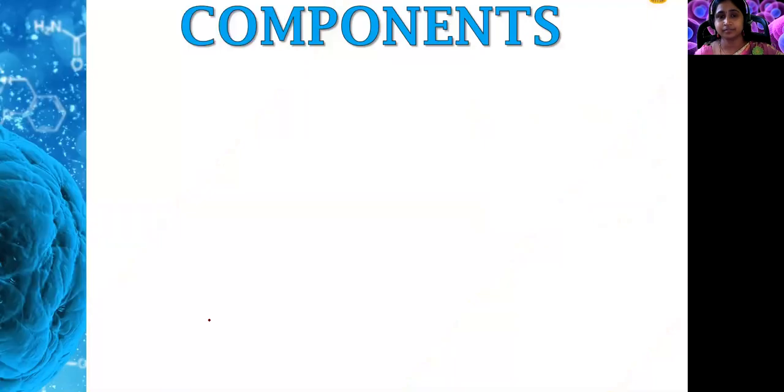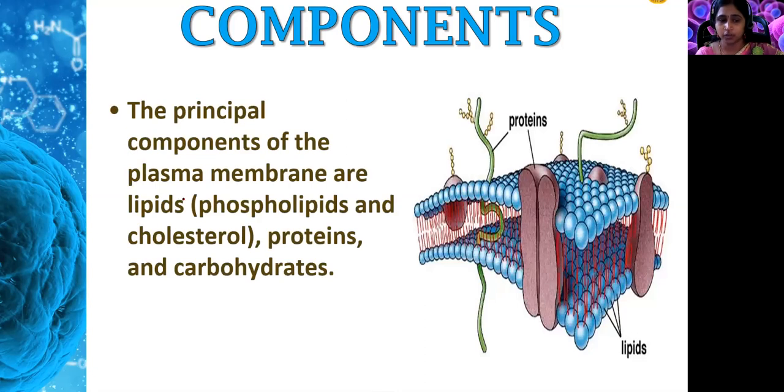What is it made up of? In the beginning we saw that lipid and protein play a major role. Apart from that, the other components are phospholipid, cholesterol, protein, and carbohydrates. These are all the components present in the plasma membrane.